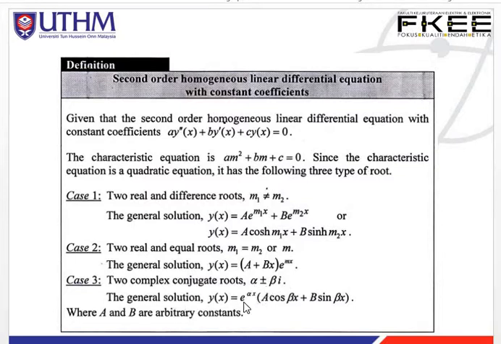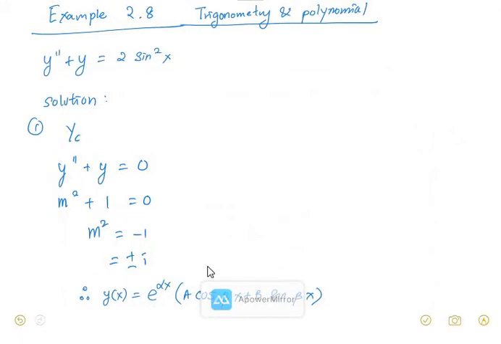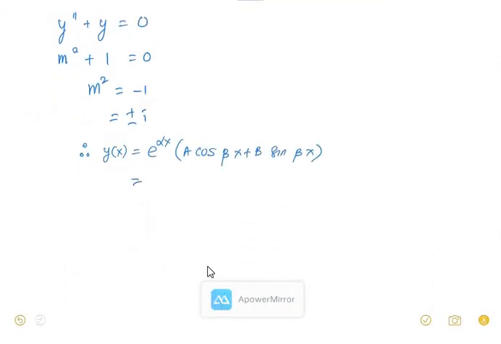So the general solution is e to the alpha x, times a cos beta x plus b sin beta x. Based on alpha plus beta i, alpha is 0 and beta is 1. So e to the power 0, you get 1.